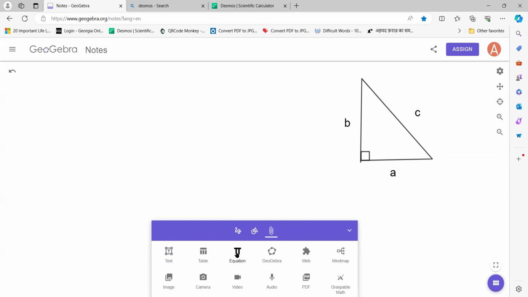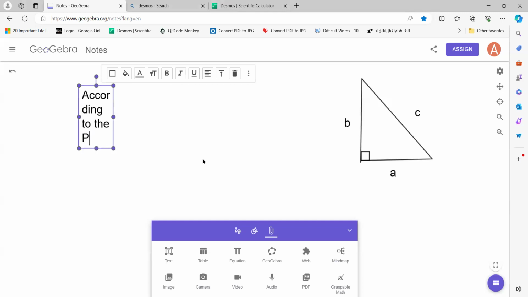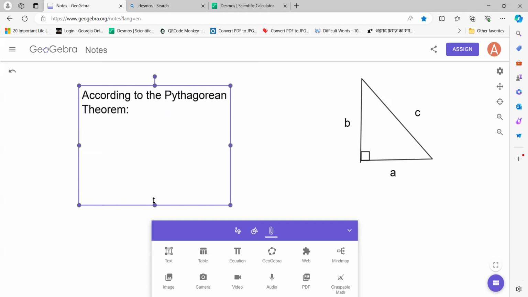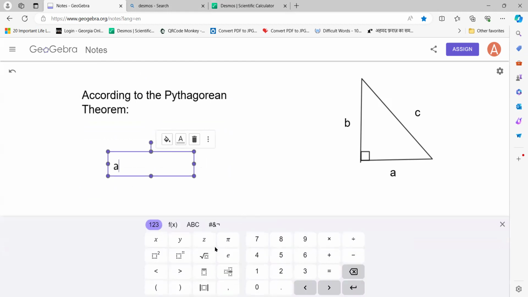According to the Pythagorean theorem, the following must hold: A squared plus B squared must equal C squared.